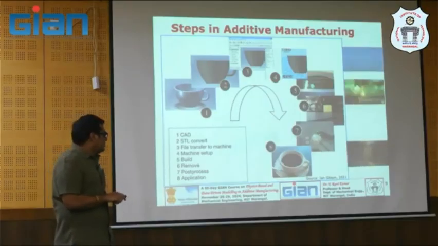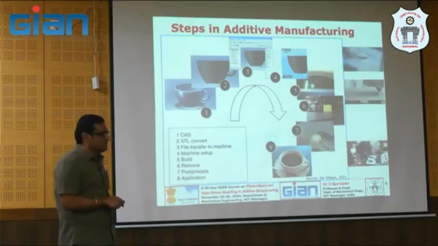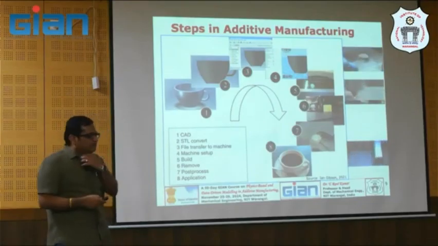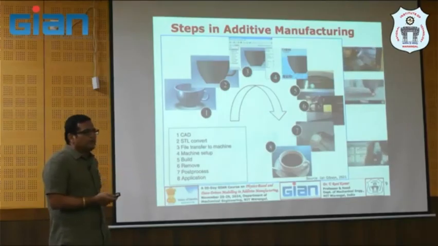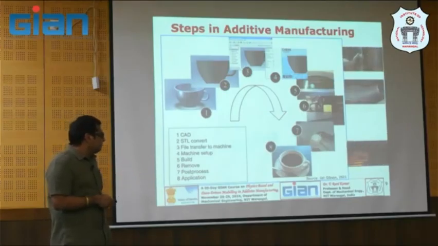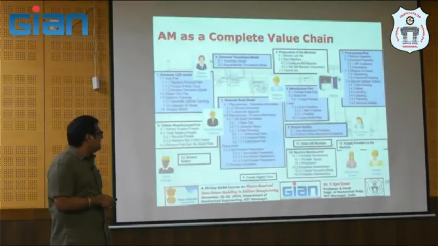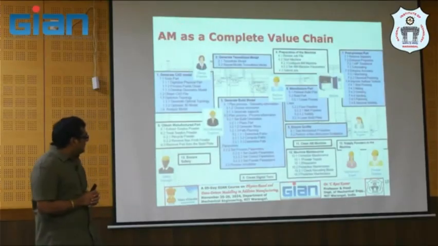You can perform several post-processing methods, and as you are not satisfied with the as-built component properties, you may adopt some post-processing techniques, right? So this is a complete value chain.